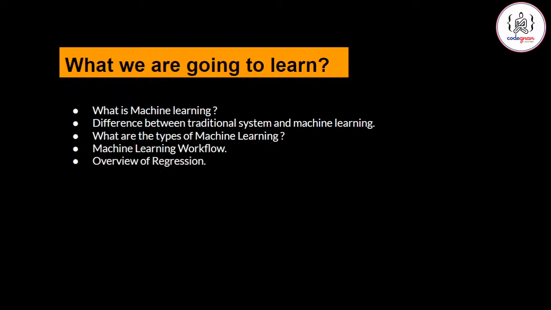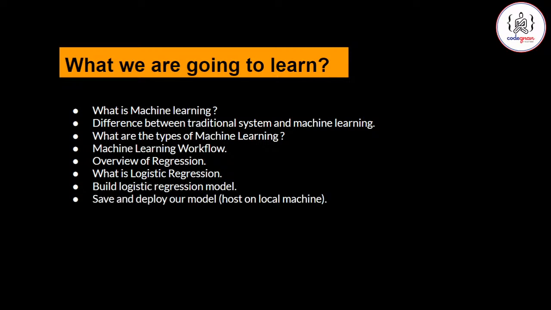All right, and then we will talk about the overview of regression, and then we will talk about logistic regression. We will build our logistic regression model, save it and deploy it on our local machine. If you know any cloud platform, you can deploy there as well. So let's get started and see what is machine learning first.